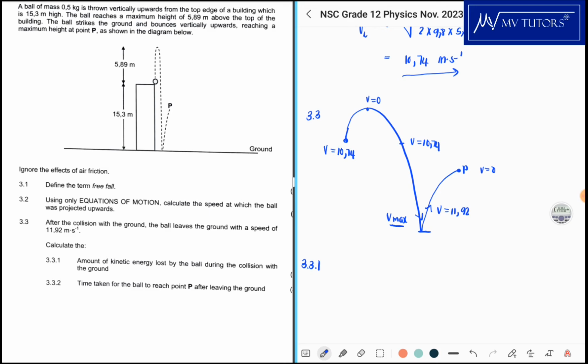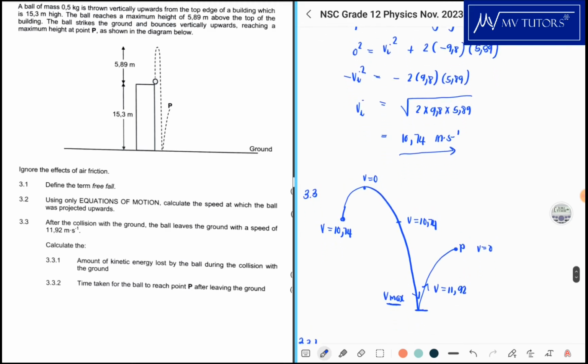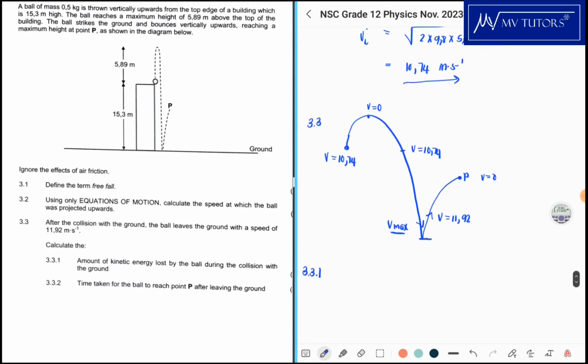Alright, so I think we're going to use the same equation that we used previously. Because we have initial velocity, which is 0. Final velocity is what we're looking for. And the height. So I'm going to look at this height from the top all the way to the bottom.